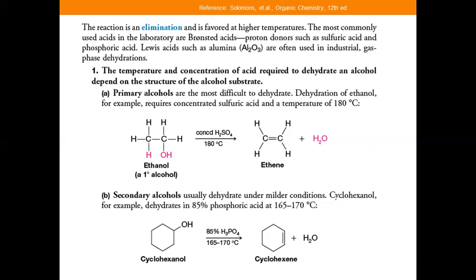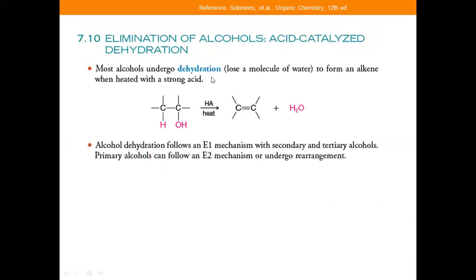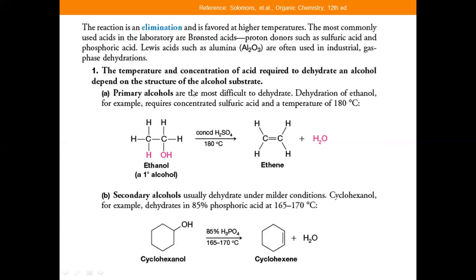But what we commonly use are the Bronsted acids. So one of the catalysts in the dehydration is an acid. An acid that donates a proton in solution in water, you call that a Bronsted acid. Examples are concentrated sulfuric acid or phosphoric acid.